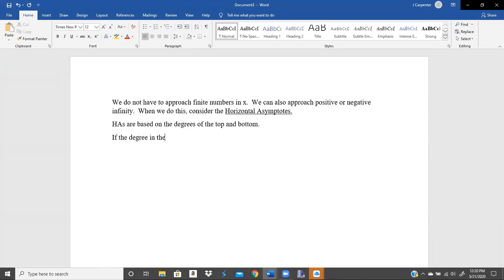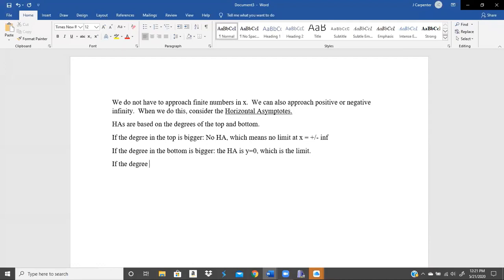If the degree in the top is bigger, there is no horizontal asymptote, which means no limit at x equals plus or minus infinity. If the degree in the bottom is bigger, the horizontal asymptote is y equals 0, which is the limit.